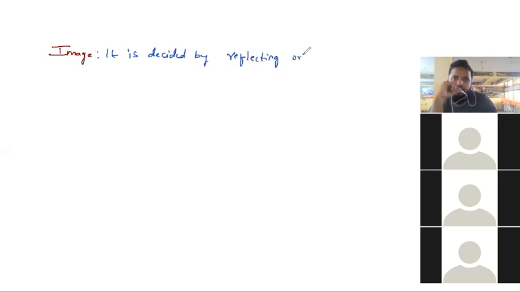Refracting is chapter number 4, we will discuss it later. So the image is decided by reflecting or refracting rays. Now, we have two types of objects, real and virtual. Here also we have two types of images, the real image and the virtual image.